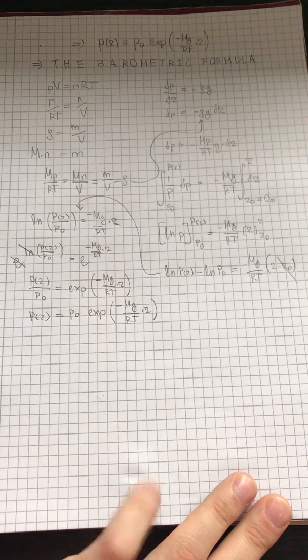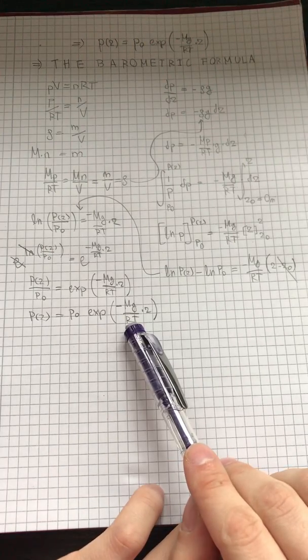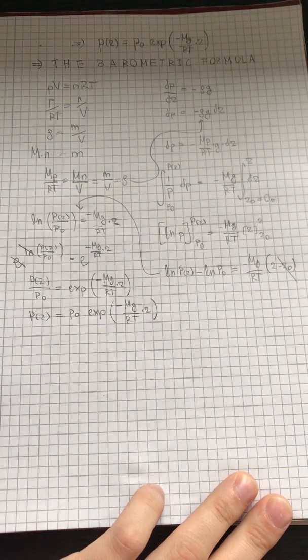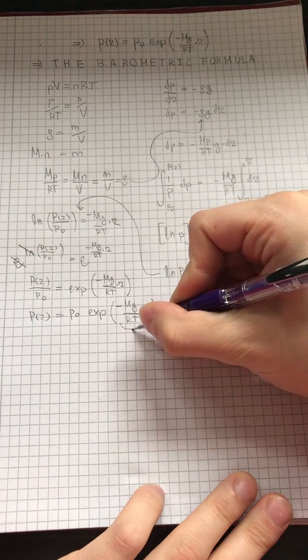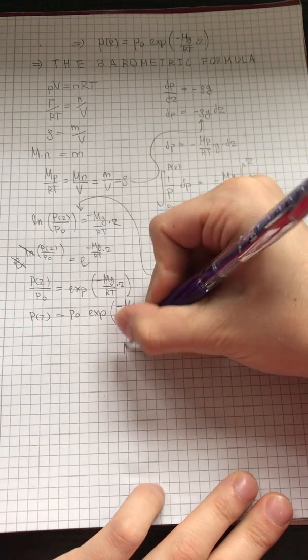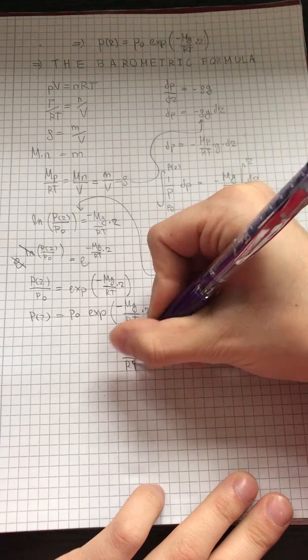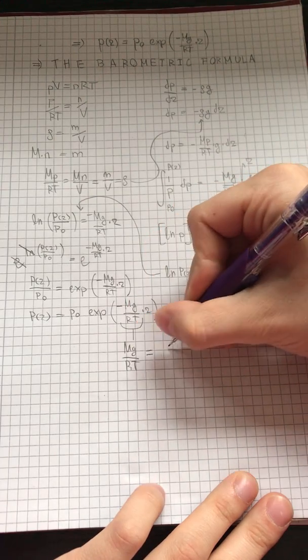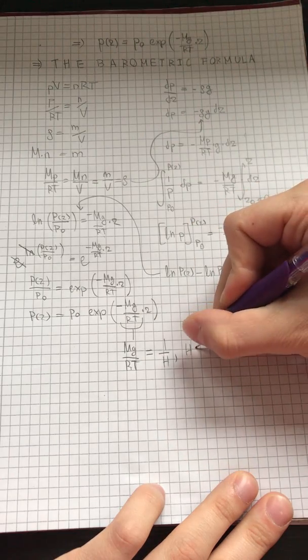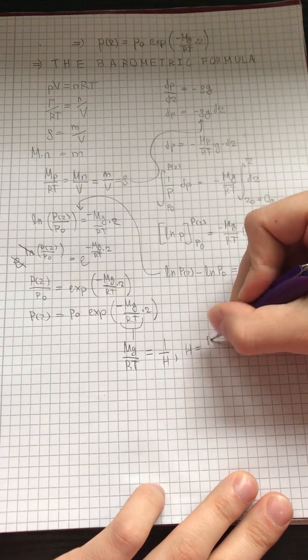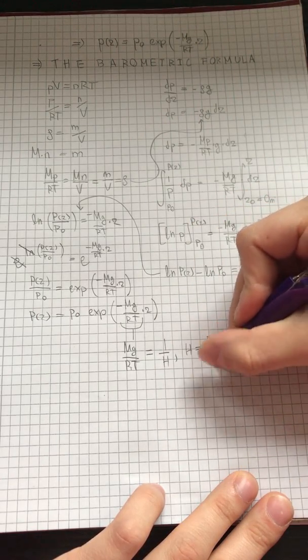This is the barometric law, assuming the temperature is constant with altitude, and so as to give a sort of cliffhanger to the next episode, we are going to take this term right here without the minus sign, mg over RT, and we're going to say that it is equal to 1 over h. Then h is equivalent to RT over mg.